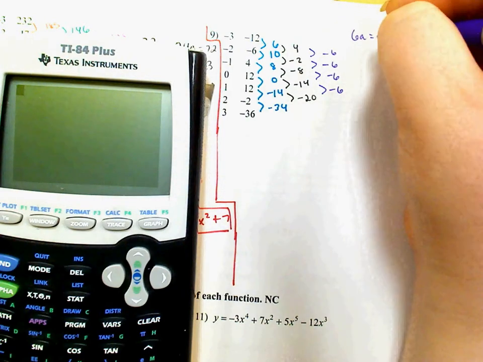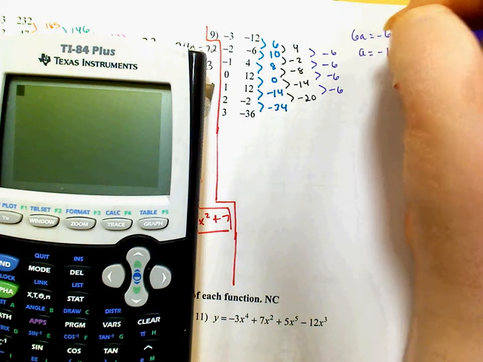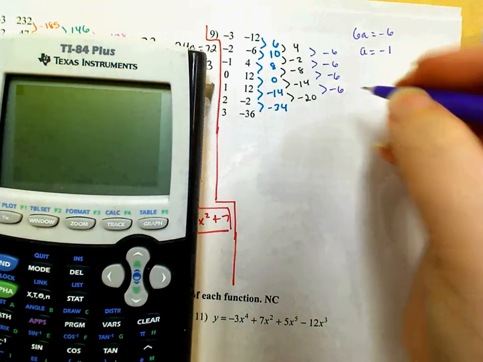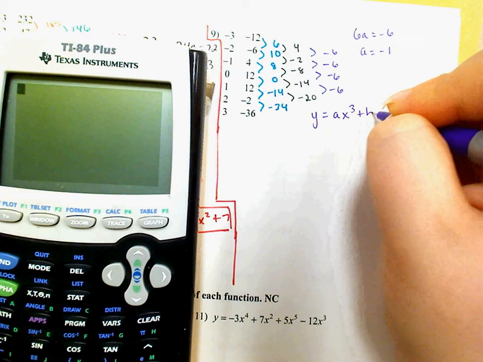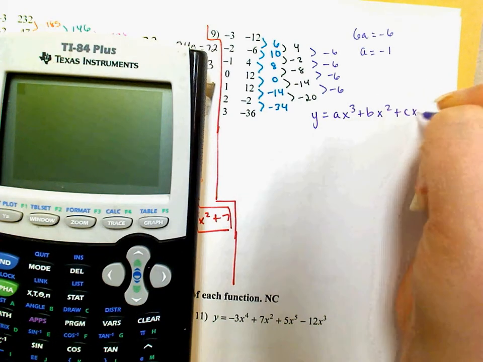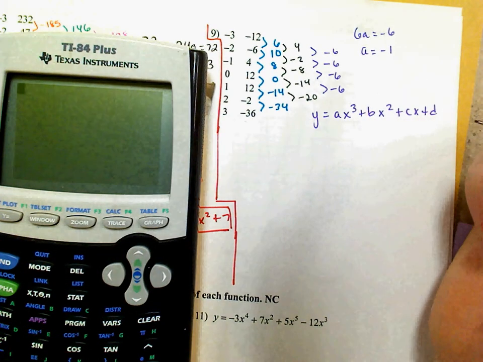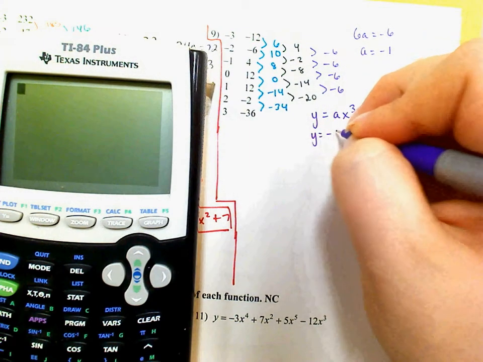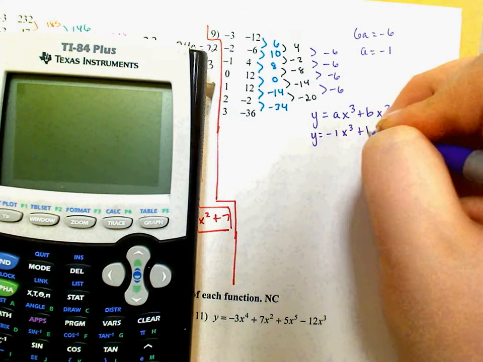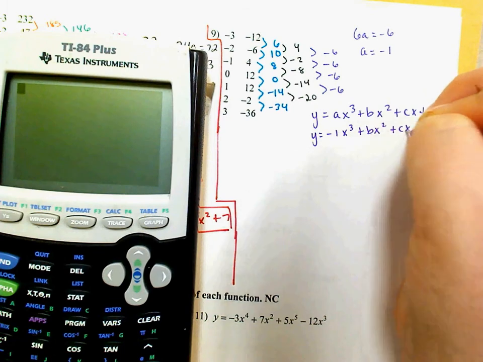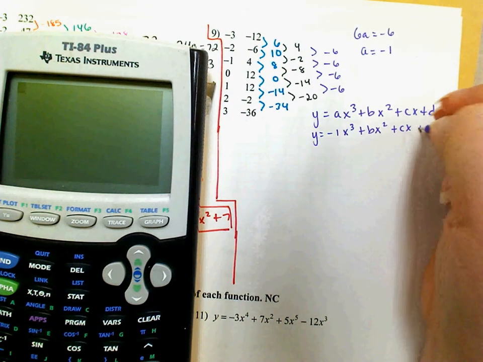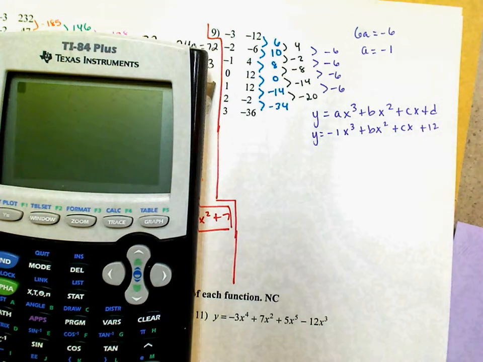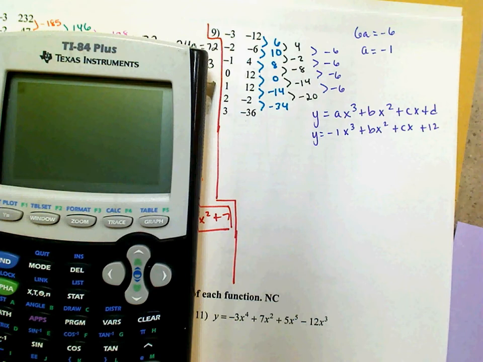Okay, so in my y equals ax cubed plus bx squared plus cx plus d, I know a is -1. I don't know b, I don't know c, but I do know the constant is 12. So I need to plug in 2 different points. Now, like I said, I like to use -1, but I've already modeled that, so I'm going to use the points 1, 12 and 2, -2, just in case you prefer doing that.